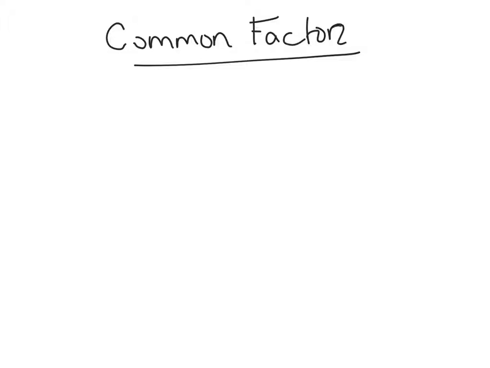Now, before I continue, it's important to know that whenever you have a whole number that is a factor of 2 or more non-zero whole numbers, it's called a common factor. So we know that 6 has factors of 3 and 2 in it.